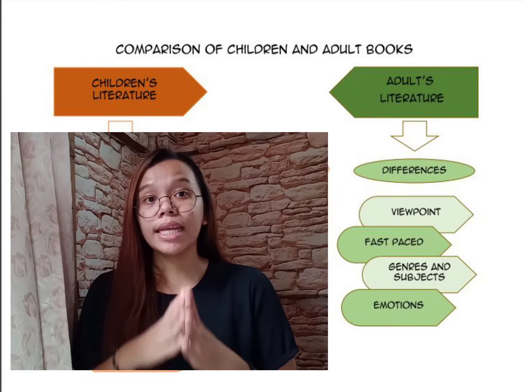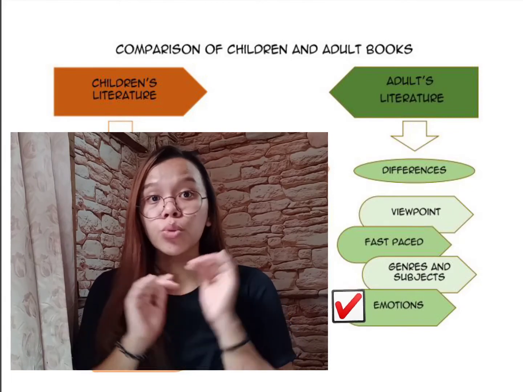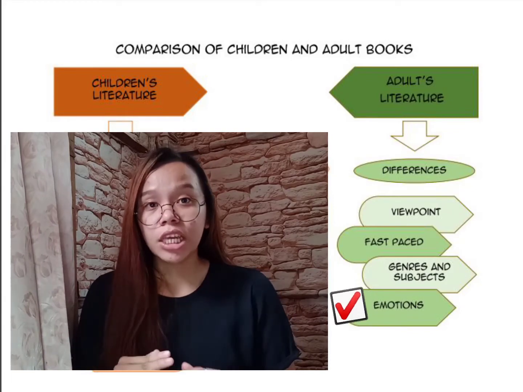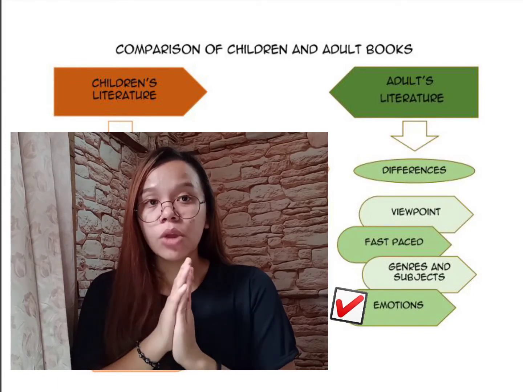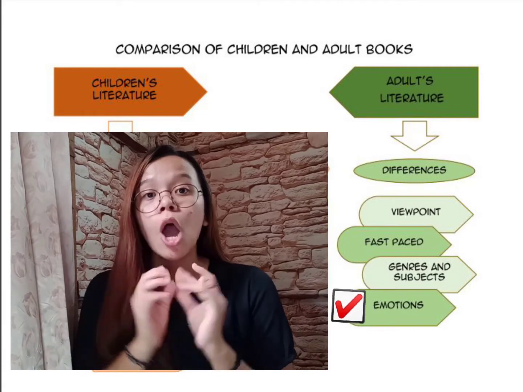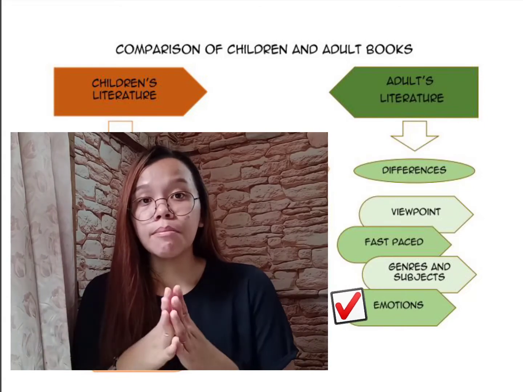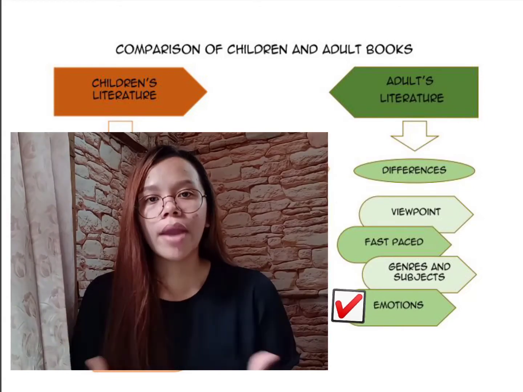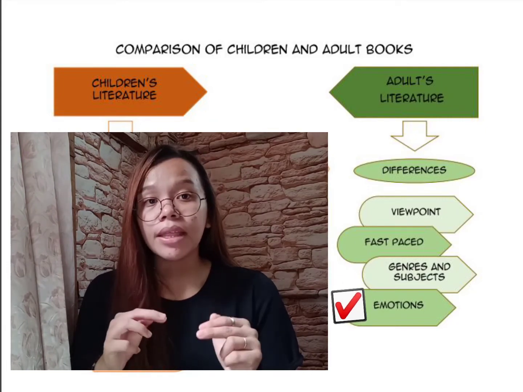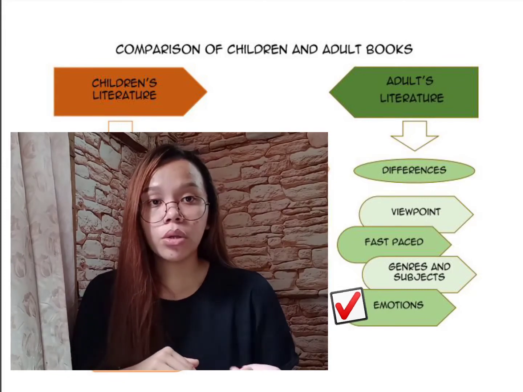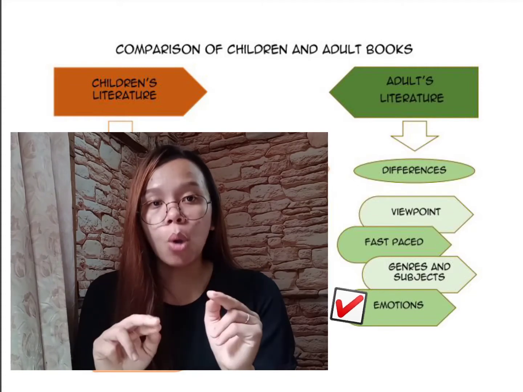And the last one is the emotions. At a time in life when hormones often rule, teens take particular interest in emotions and want to see them accurately represented in the fiction they read. Often books deal with similar emotional struggles: acquiring more mature social skills, achieving emotional independence from parents and other adults, and achieving masculine or feminine sex roles.